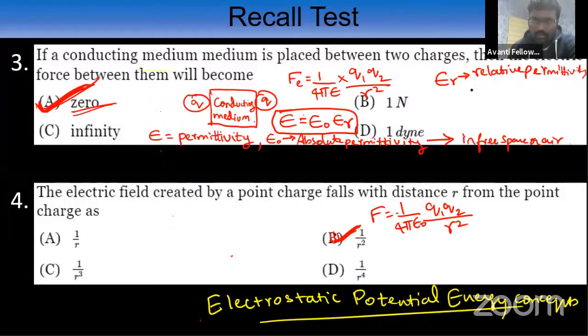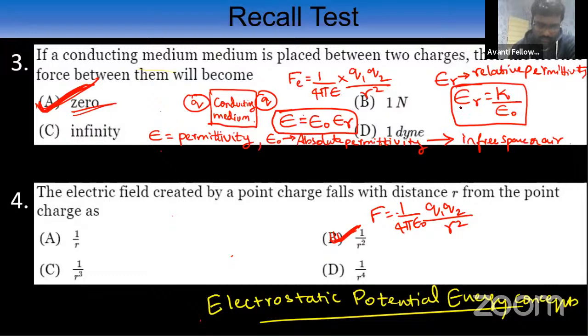Right? So what is relative permittivity, guys? Epsilon r is equal to, say, if my conducting medium has a permittivity of k, then the permittivity of my material with respect to absolute permittivity is my relative permittivity, which we had discussed earlier.